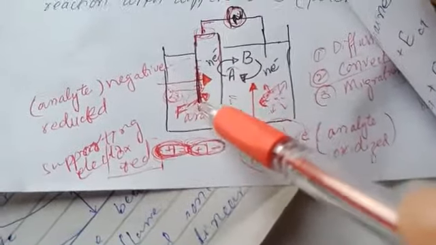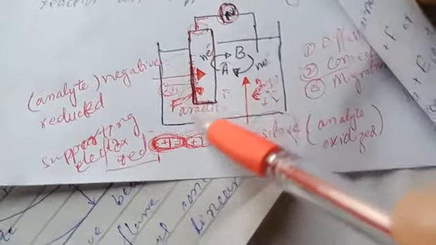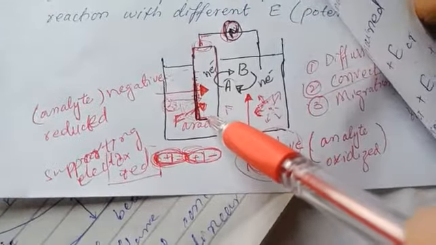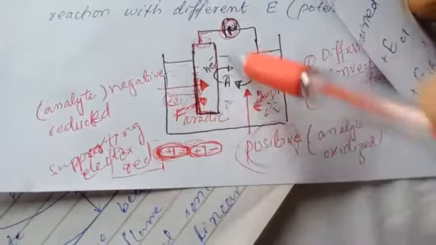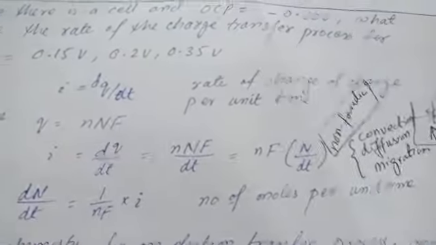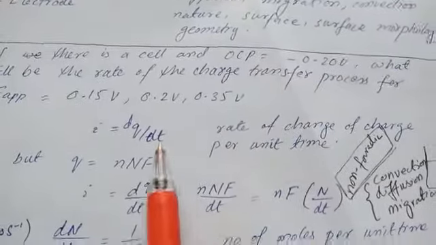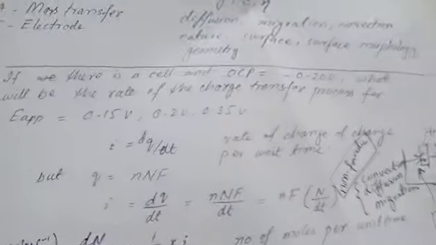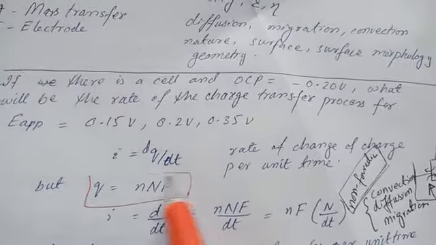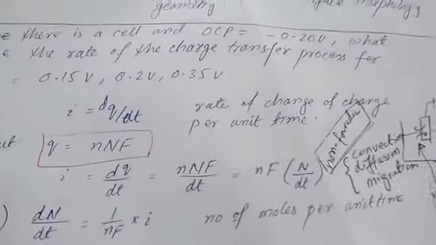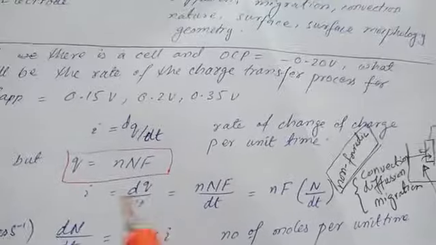As we have discussed, each electrochemical process corresponds to a change in the current for a given value of potential applied to the surface of the electrode. This current is actually the change of charge per unit time, and as we know, the charge transferred at the electrode surface is equal to nF.